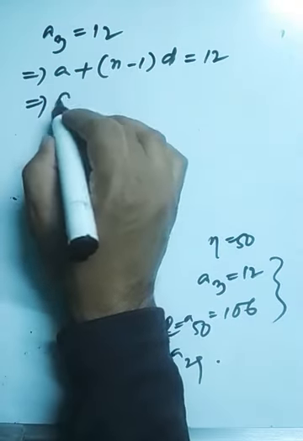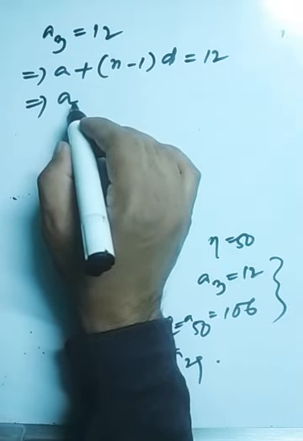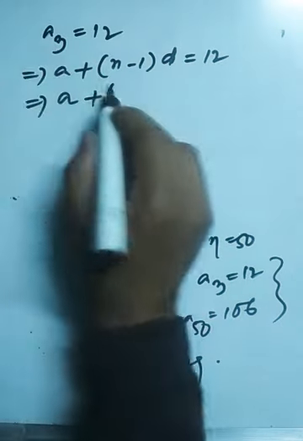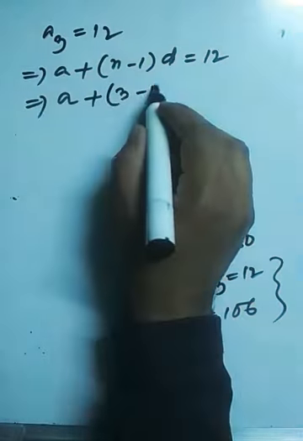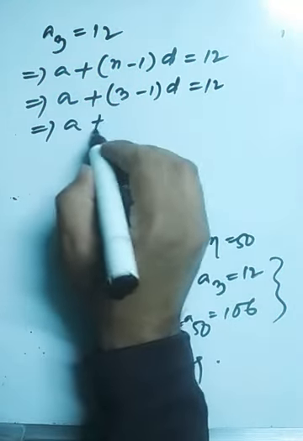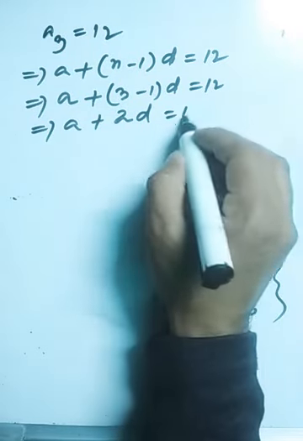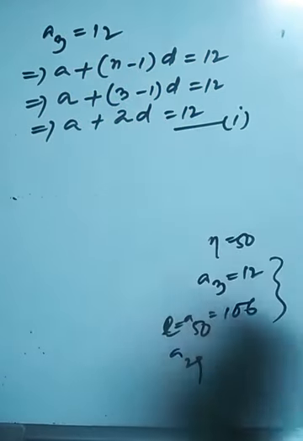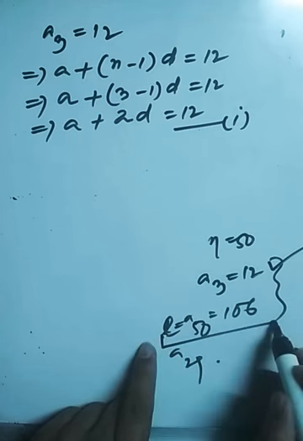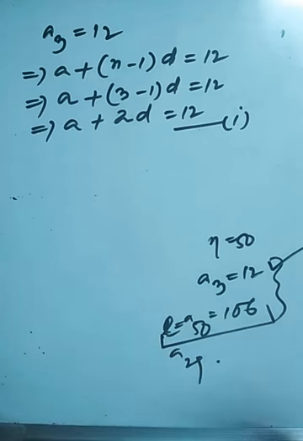So A we do not know, so it will be A only, plus n is 3, minus 1, D, it will be 12. So here A plus 2D is 12. Here is equation 1.